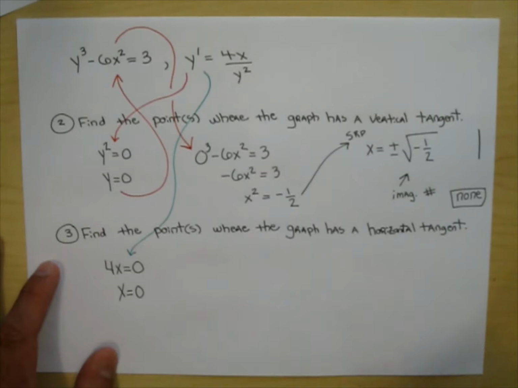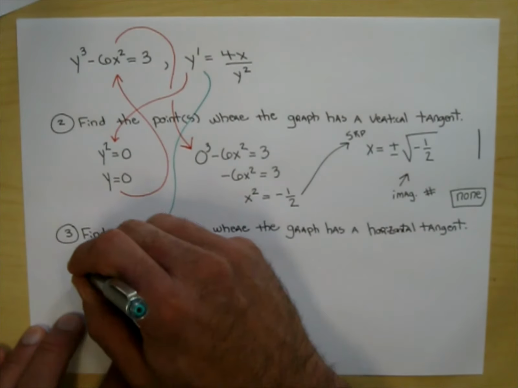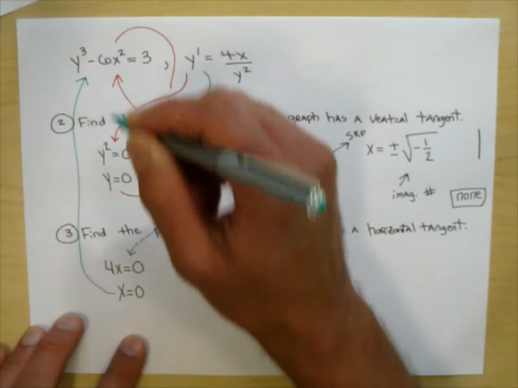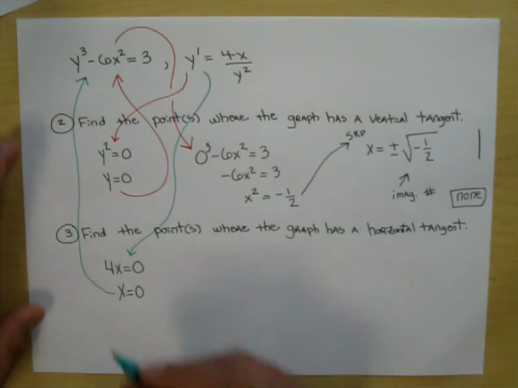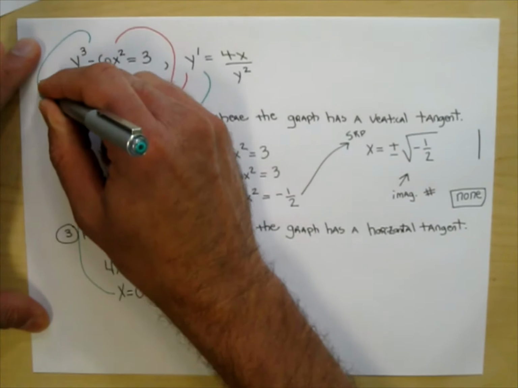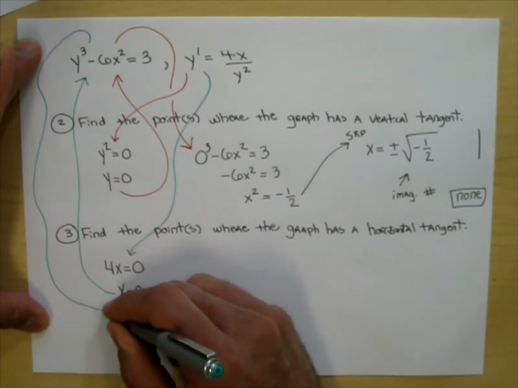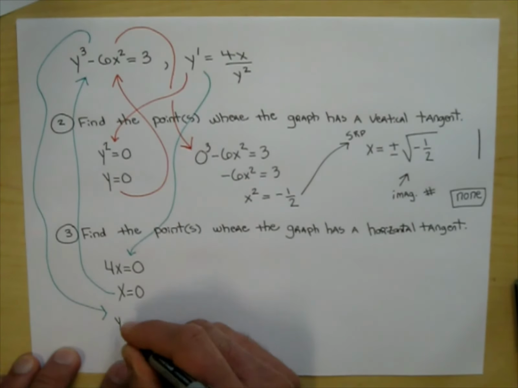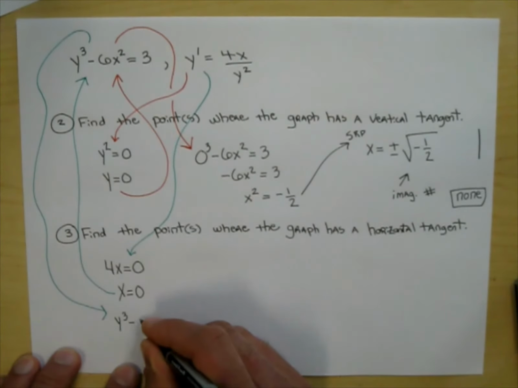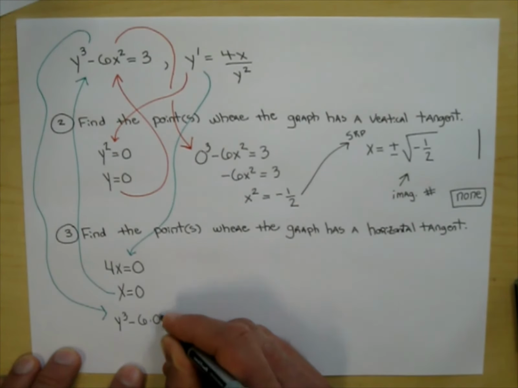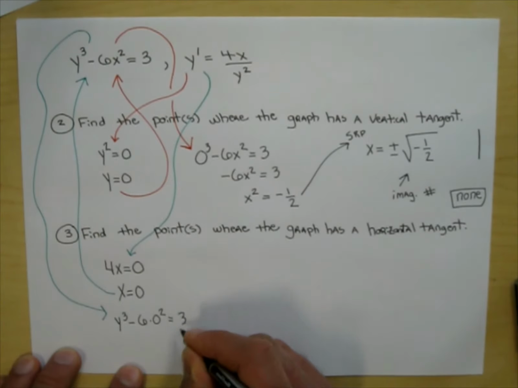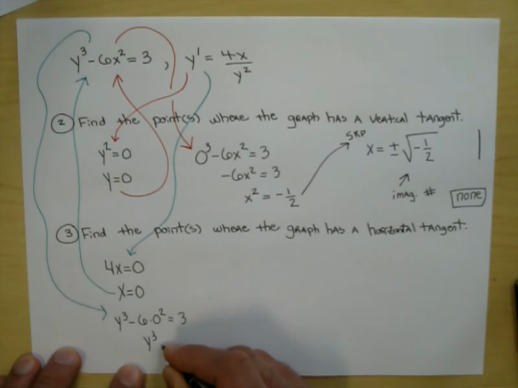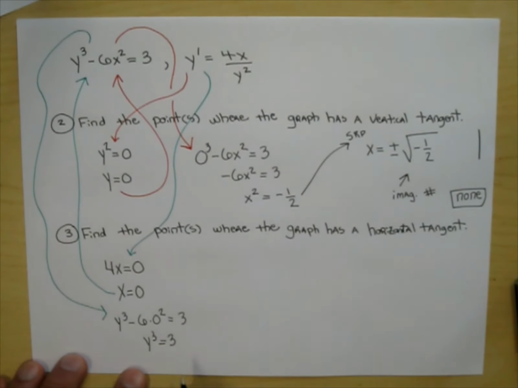Then what do you have to do with that? If you're trying to find the points, you plug that into the original graph. So what am I going to get? I'm going to get y cubed minus 6 times 0 squared equals 3. This is y cubed equals 3, and I'm going to take the cube root on both sides.